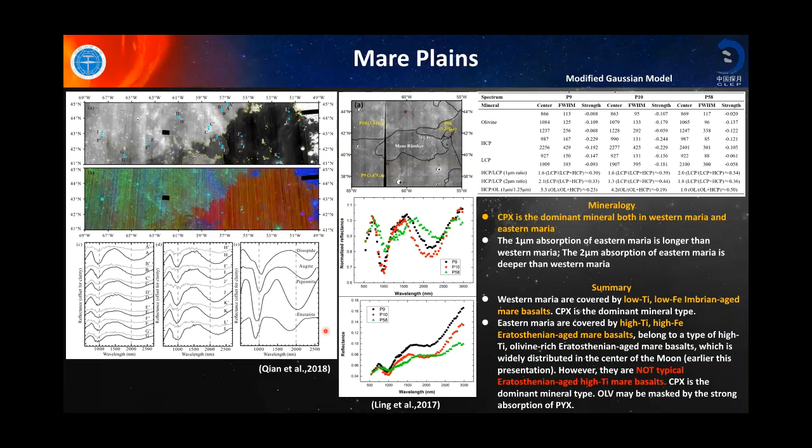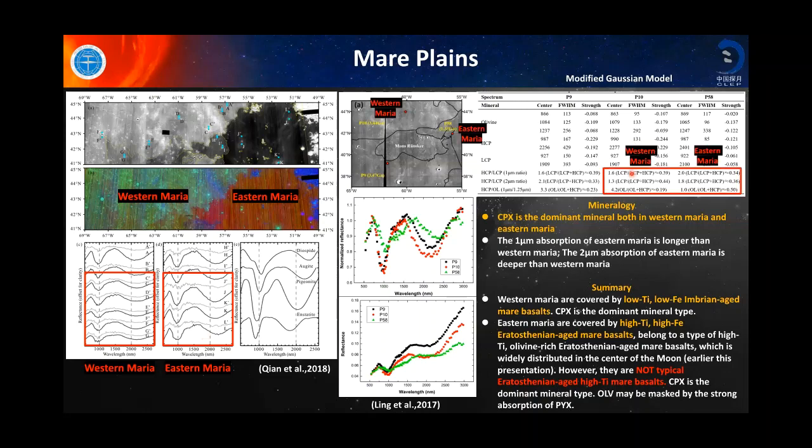This is confirmed by Lin et al.'s work in 2017 using a modified Gaussian model. They find LCP is a dominant mineral type in this region, and LCP, in other words low calcium pyroxene, is just CPX.